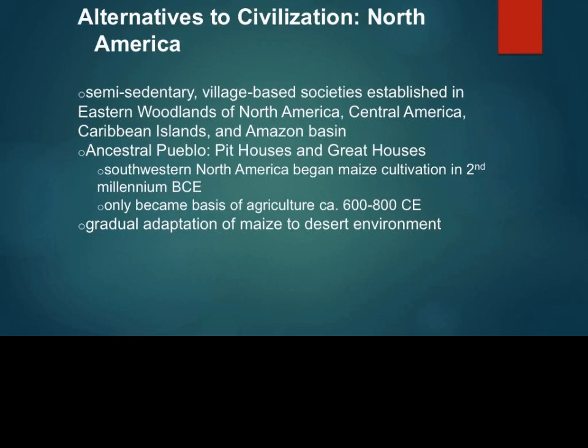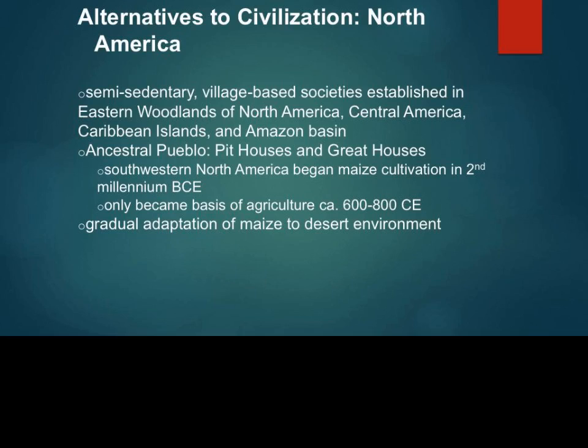These are in the southwestern parts of North America, and they began maize cultivation in the second millennium BCE. And this only became the basis of settled agriculture around 600 or 800 CE. So it was 1,000 plus years before maize became the basis of settled agriculture in the southwestern part of North America.